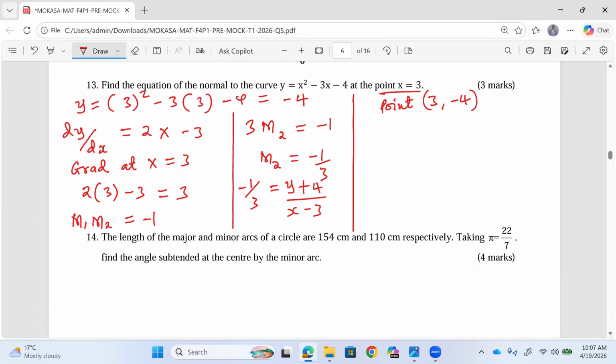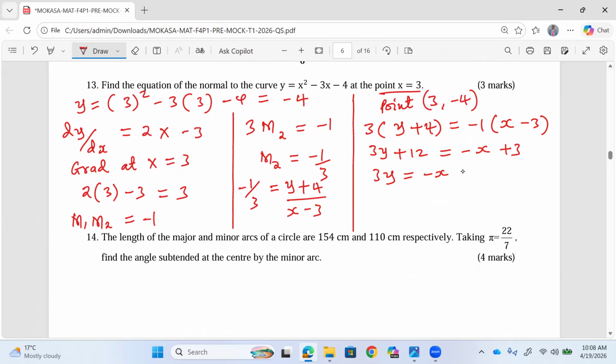I hope we are together, y minus a negative, making it a positive. Our cross multiplication shall give us 3 into y plus 4, then negative 1 into x minus 3. 3y plus 12 equals negative x plus 3. When I open the bracket there, it becomes a positive here. Remain with 3y. Negative x is already here.